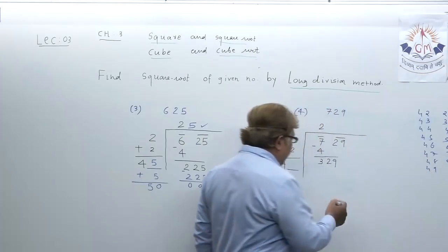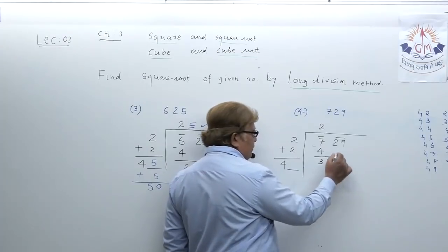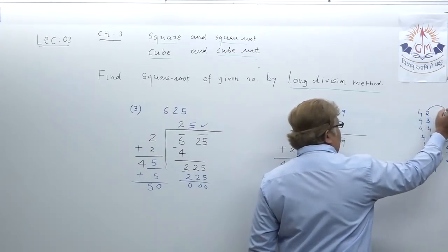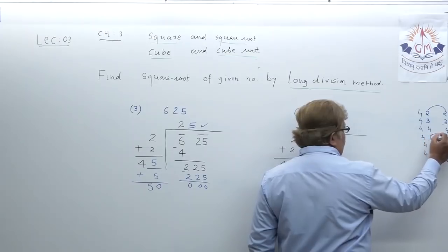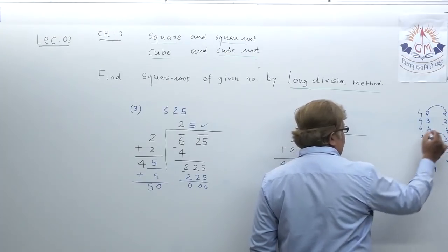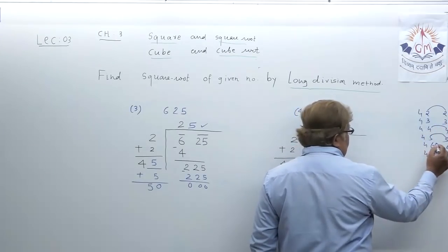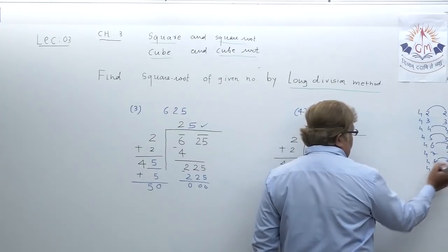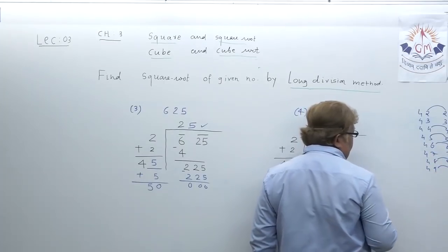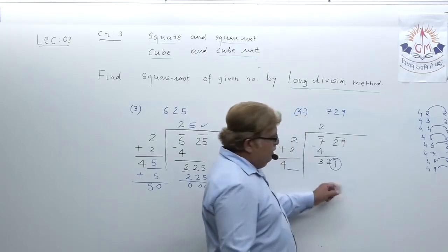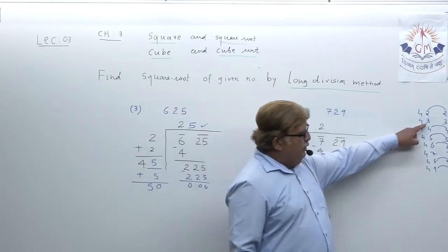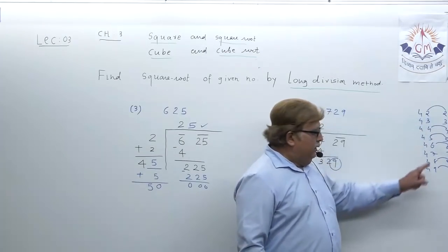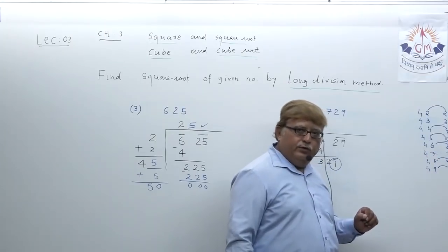See what you want. 9 here. 2 2s are 4, not possible. 5 5s are 25, 4 4s are 16, 6 6s are 36, 8 8s are 64, 9 9s are 81. Nowhere do you get 9, only in these two cases: 3 3s are 9, 7 7s are 49.